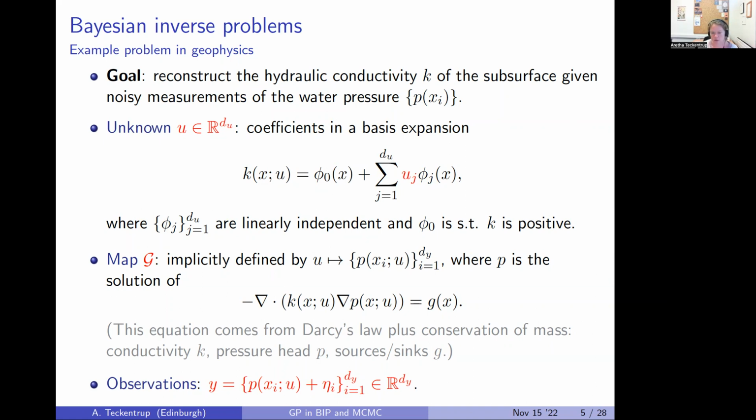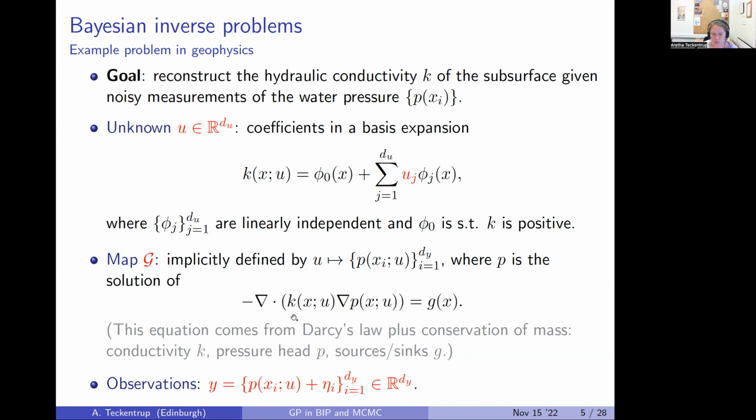Right? Mathematically, this example looks like this. So we have a PDE model that kind of governs the physics that's going on, so the flow of the water underground. P here is the water pressure. The K is the conductivity of the soil, and the G are source or sink terms. This just comes from physics, so it just comes from Darcy's law plus conservation of mass.